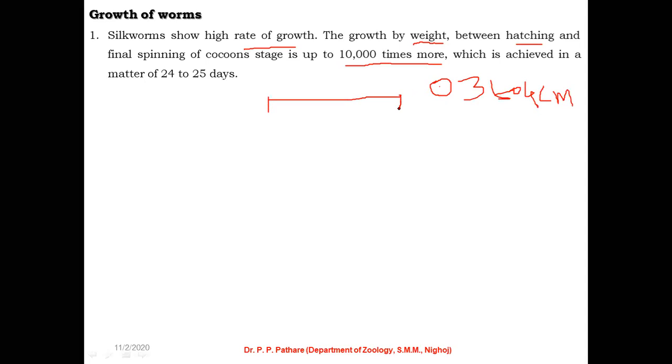So you can imagine this is very large compared to the start, so it is called 10,000 times more, which is achieved in a matter of 24 to 25 days. These are the final stage of your silkworm larva. I hope you understand what the growth of silkworm is. समझ में आ रहा है आपको?